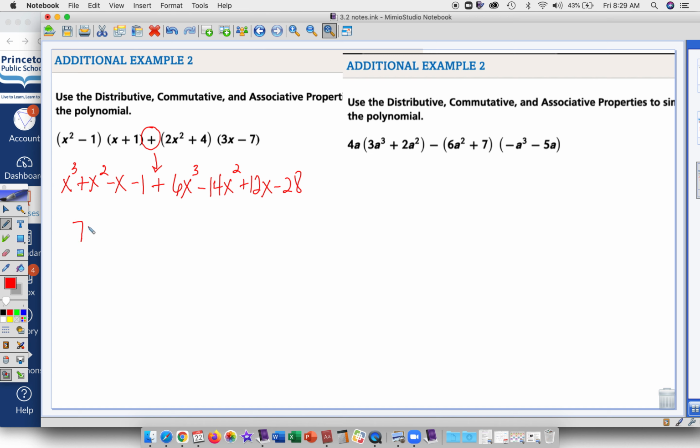So I get 7x cubed when I add those two together. X squared minus 14x squared is minus 13x squared. That's done. Negative x plus 12x is 11x, and minus 1 minus 28, so negative 29.